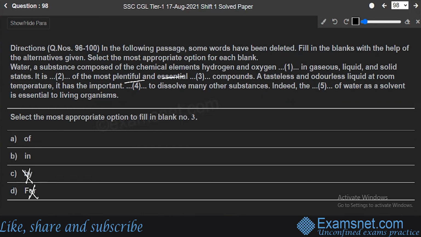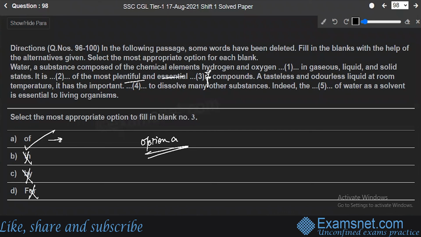In the compounds is also not the correct one, it will be of. This preposition of is used to show that something belongs to a group, right? So we will use the preposition of in this case, and here you will have of. Option A is the correct answer to the question.